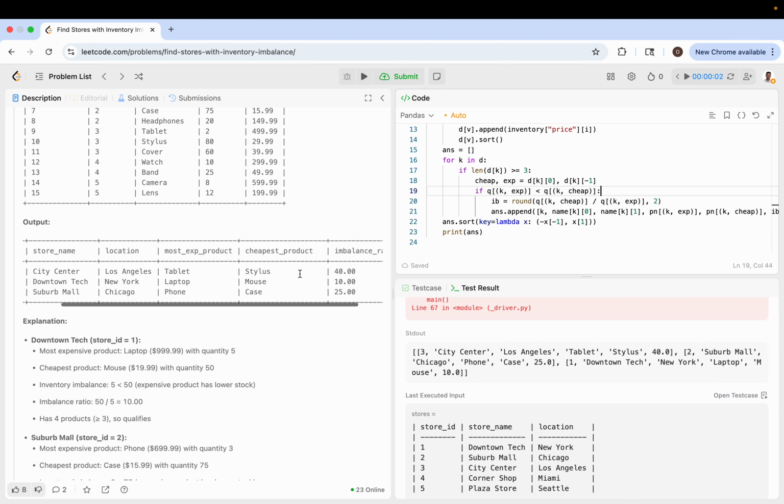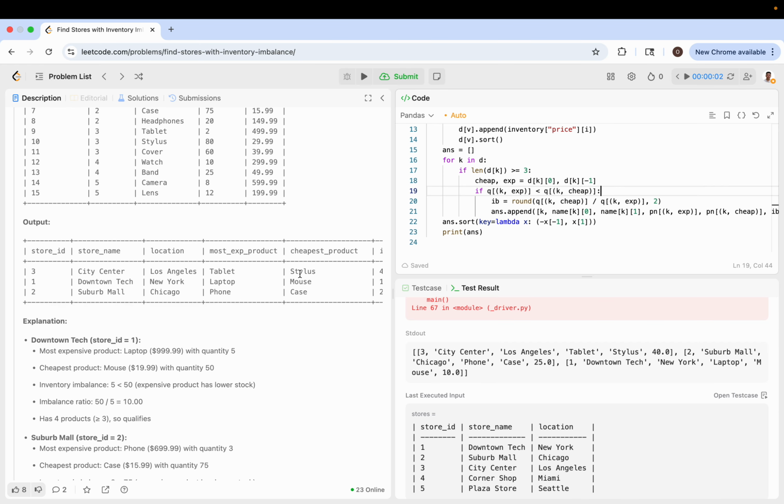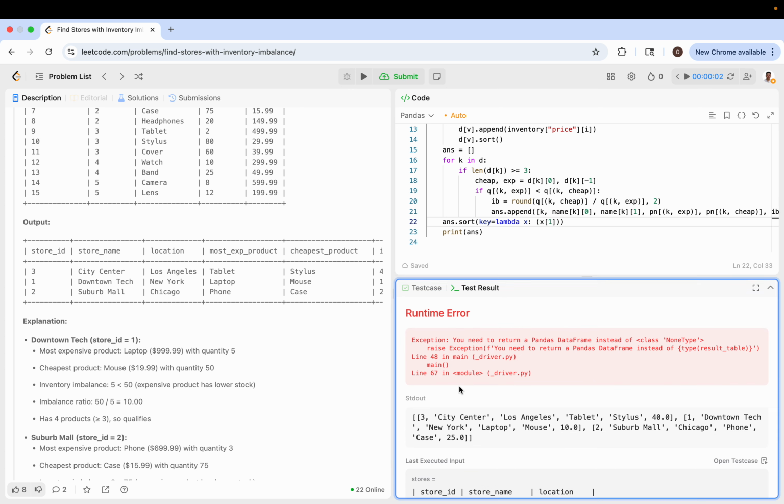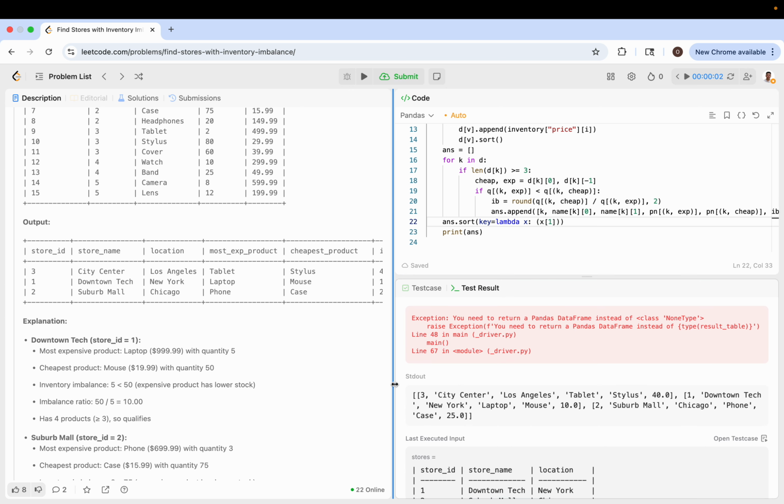What? Store name. What is that? Suburb Mall? Maybe let's try just store name. Okay.